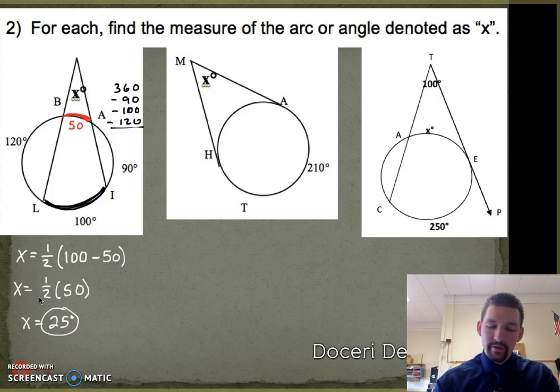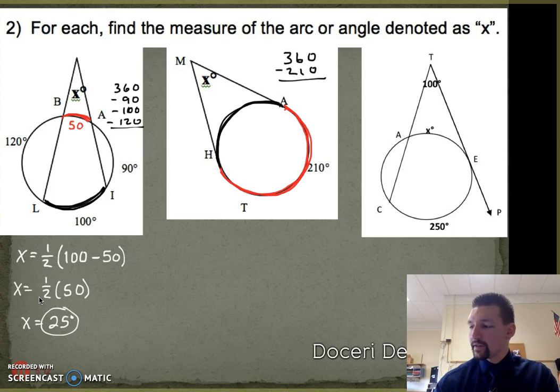The second one follows the same formula, but it looks a little bit different. In this case, we need to look at arc HTA, this big arc on the outside, and then look at our small arc as this piece right here. So again, we're going to have to do 360 minus 210, and that will give us 150 degrees for our small arc.